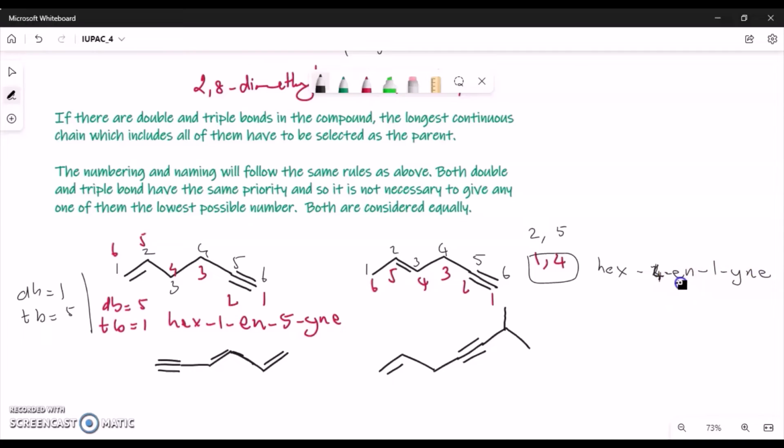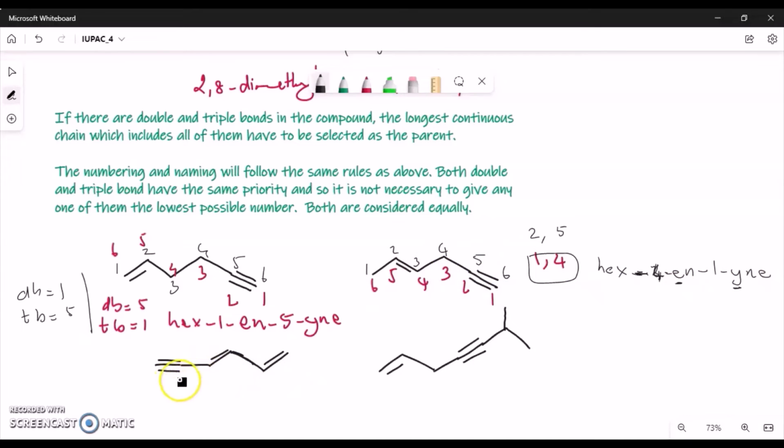We have to write e before y alphabetically, but we chose the red numbers because those give the smaller numbers 1 and 4. So it's not necessary that I have to write 1-yne 4-ene. In fact, it is correct to write 4-ene first because e is alphabetically before y. So hex-4-en-1-yne. That is the correct name of the second compound.